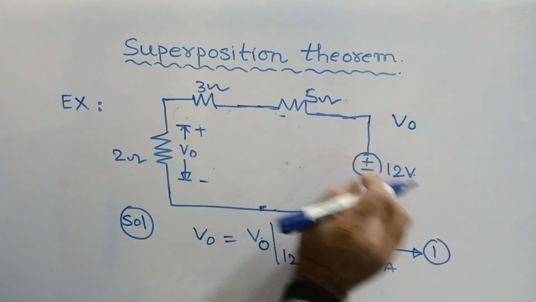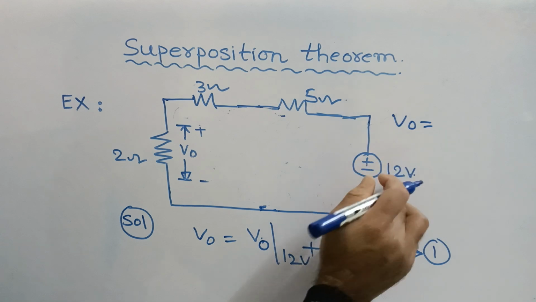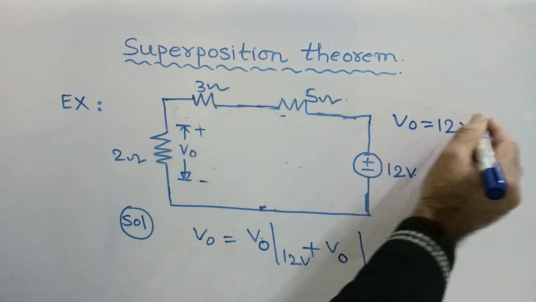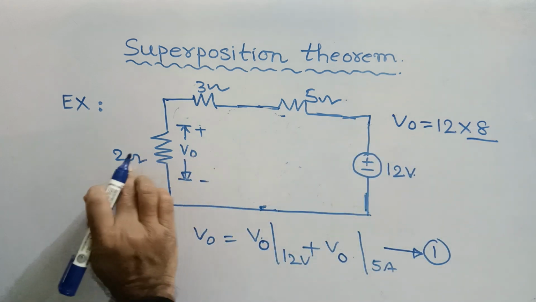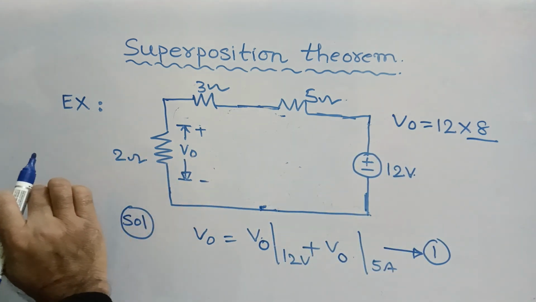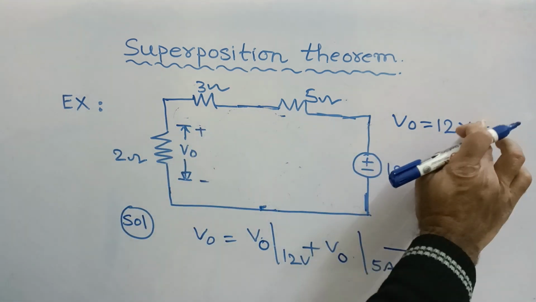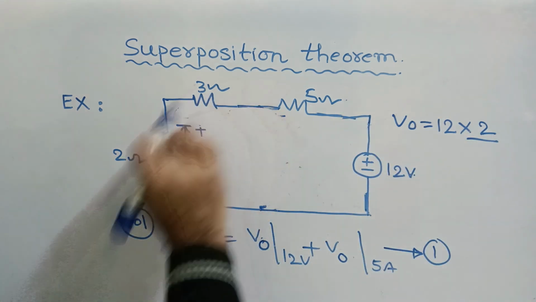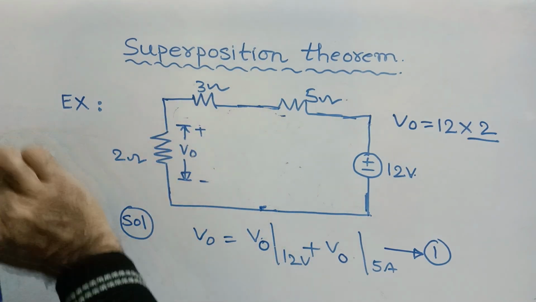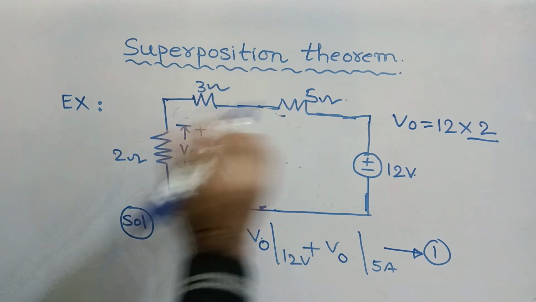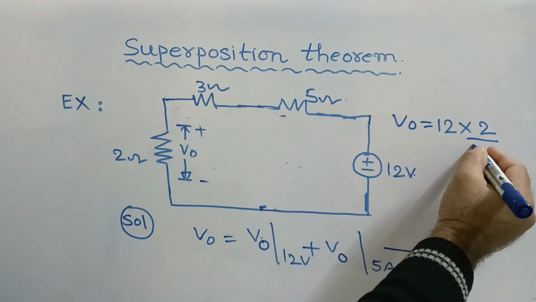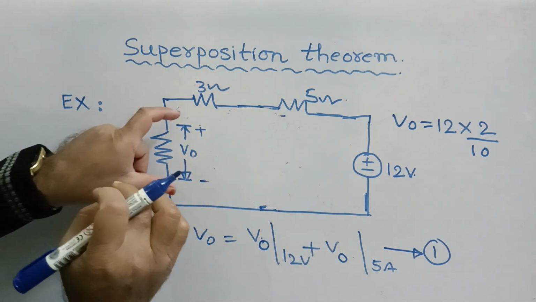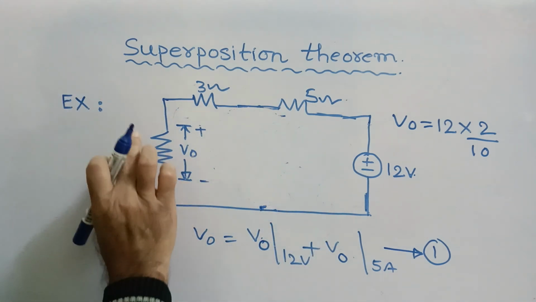V0 with respect to 12 volt is equal to input voltage 12 into 2 ohm by the total resistance 5 plus 3 plus 2. 5 plus 3 is 8, 8 plus 2 is 10. Clear?